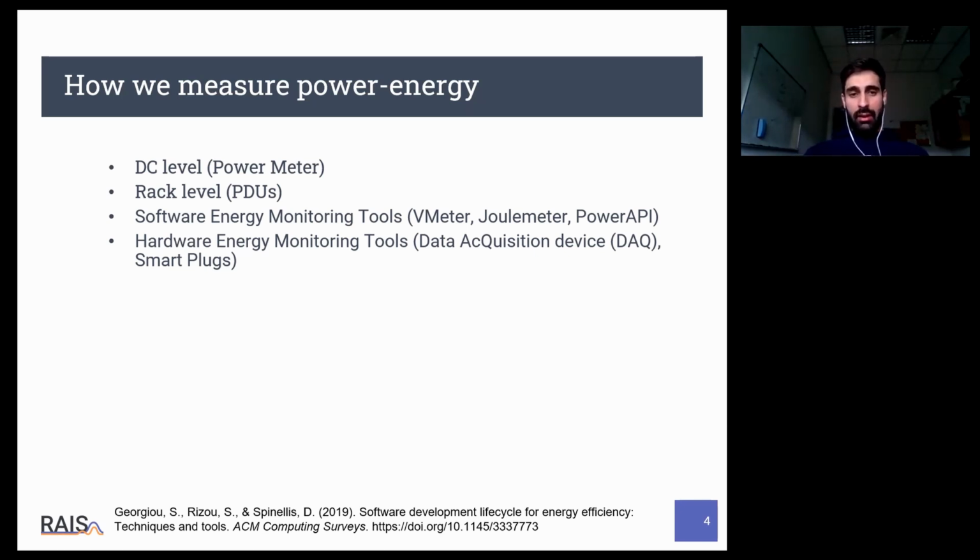Within the DC, we can find multiple racks of servers, which are getting energy from the so-called power distribution units, and we can get some information about the energy consumption of the rack itself through the PDU.